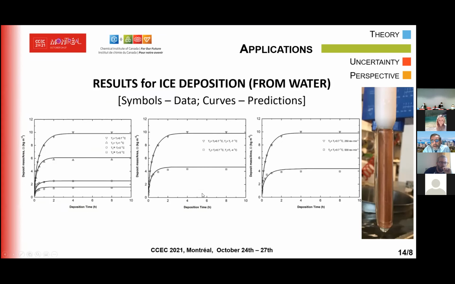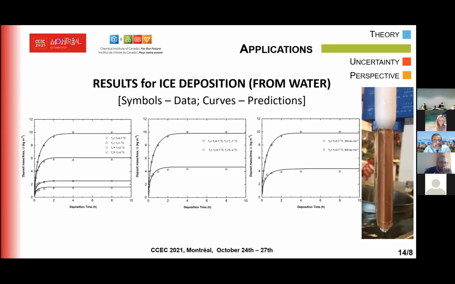Now, these graphs show the agreement. And of course, I forgot to mention, there is a lot of calibration involved, especially in determining the heat transfer coefficient, because existing correlations for heat transfer coefficient would not work for our geometry. So we have calibration experiments and so on.